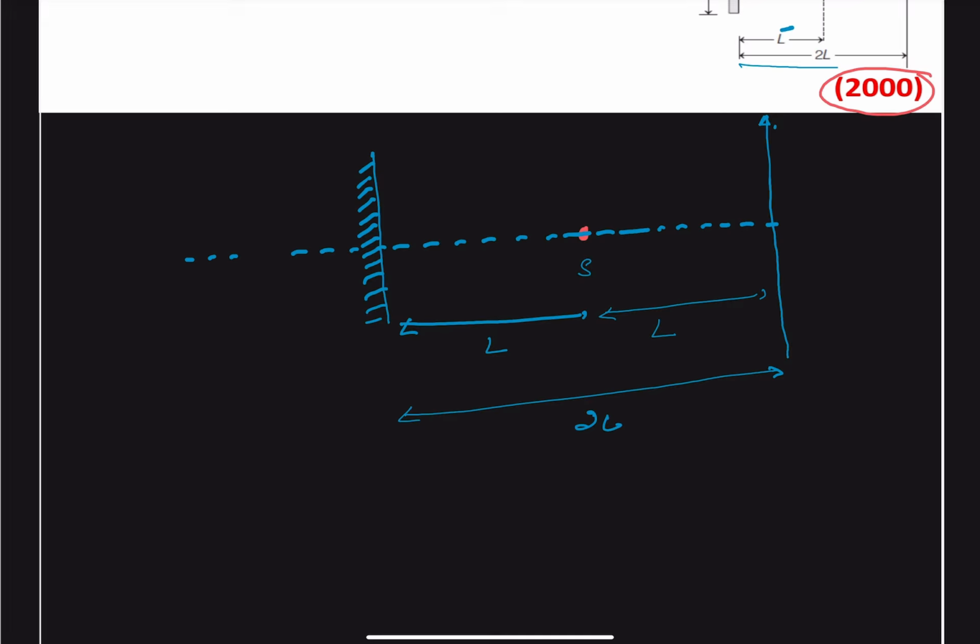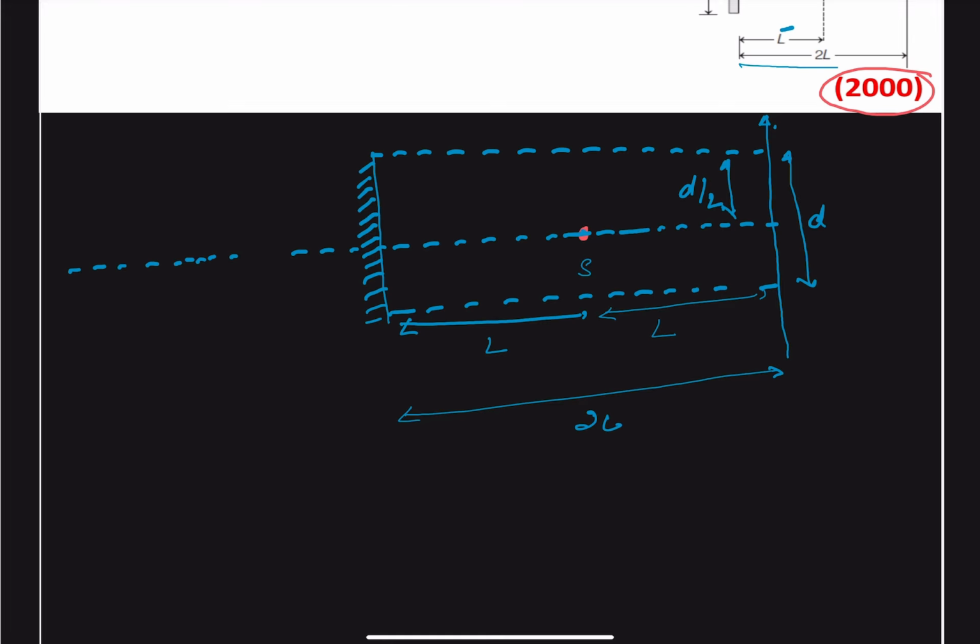And if we draw parallel lines to the end of the mirror, this distance will also be D, so obviously this distance will be D by 2.